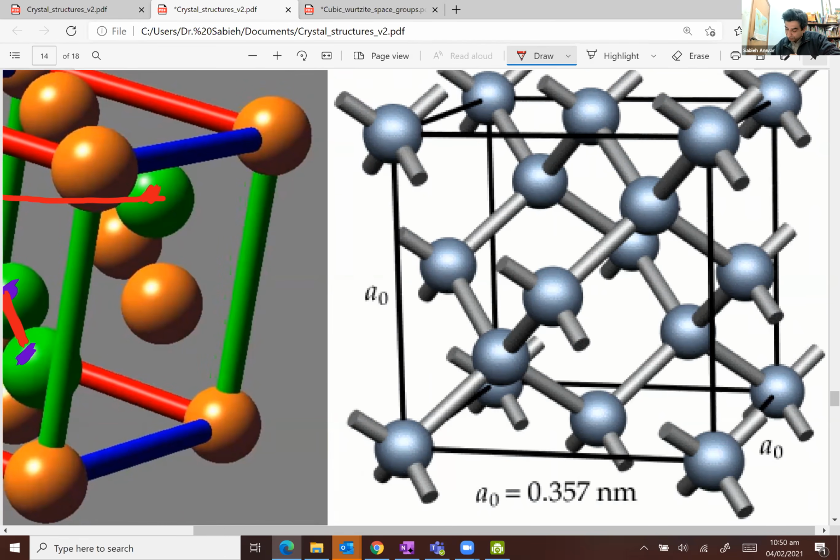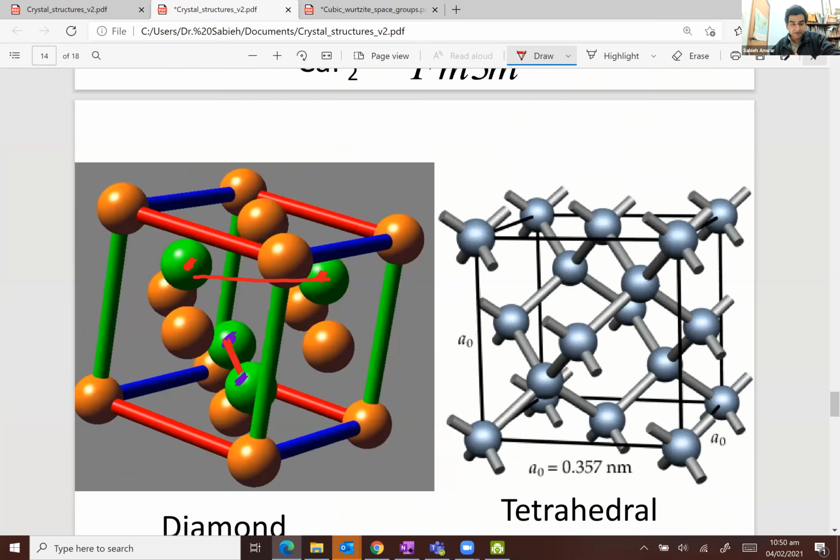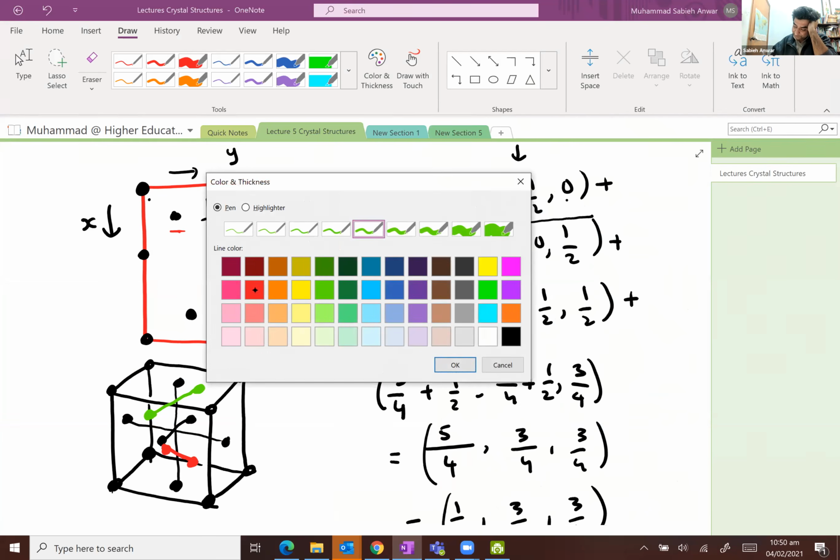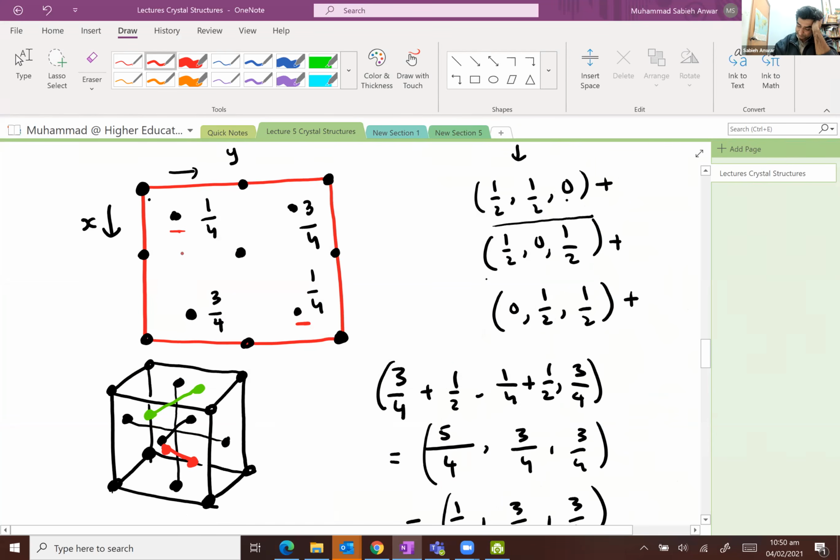And I could also look at the different kinds of symmetry planes. By the way, you will observe that there is a 4-fold screw axis here and here. So how could you prove that?